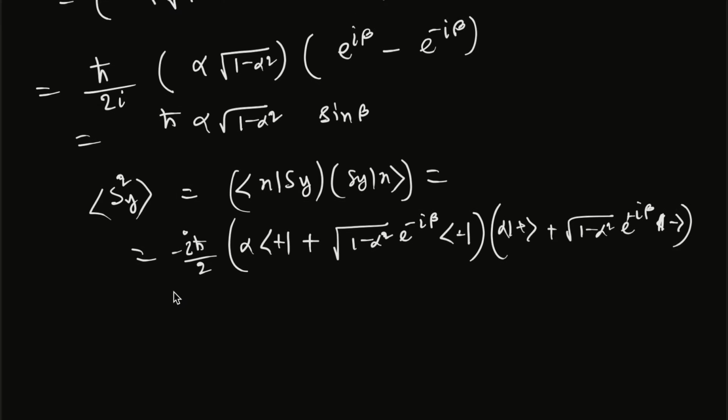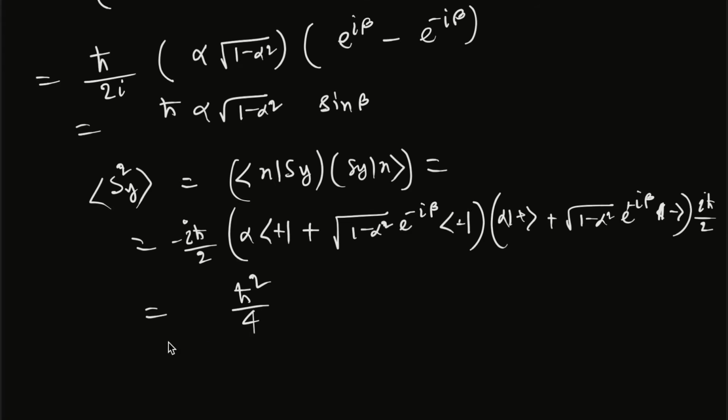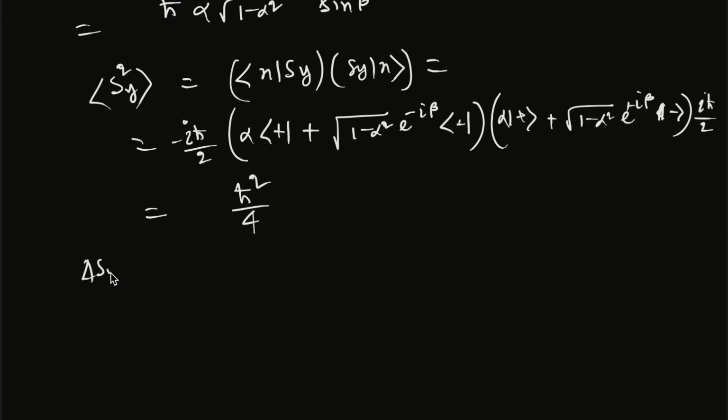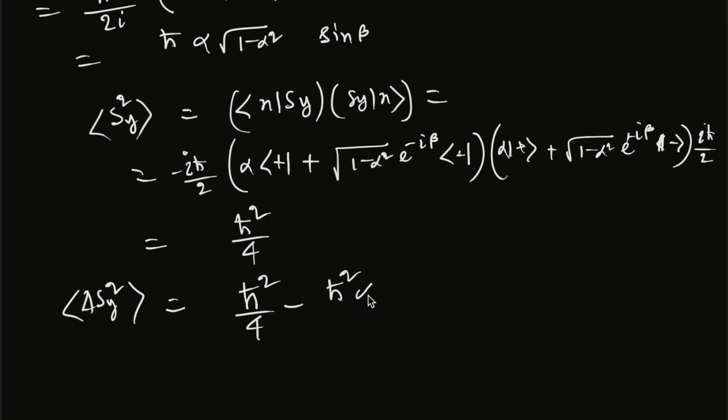So this will give nothing but plus h cut by 2, h cut square by 4. That means the dispersion will be h cut square by 4 minus h cut square alpha root over 1 minus alpha square sine square beta.